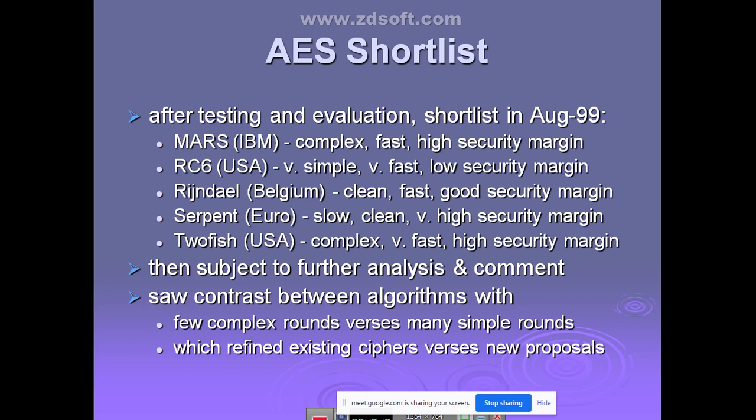Clear? Then again, all these algorithms were subjected to further analysis and comment, and saw the contrast between algorithms with few complex rounds versus many simple rounds, and refined existing ciphers versus new proposals.